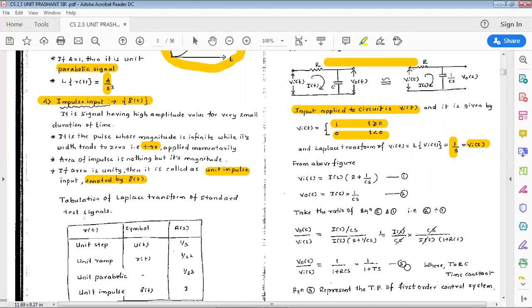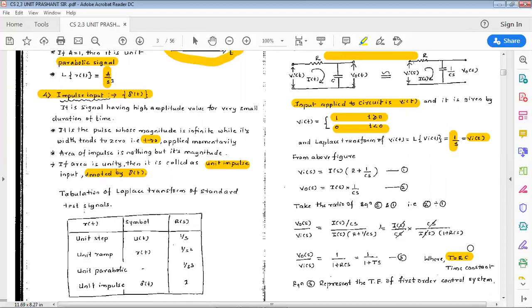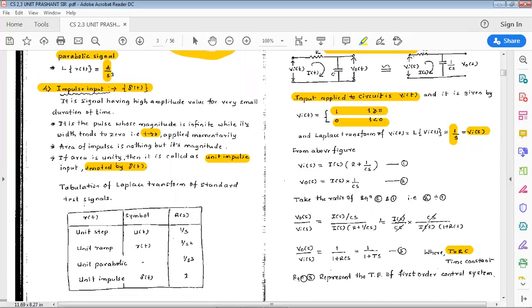Call this equation number 3, where T equal to RC is called the time constant. Equation 3 represents the transfer function of a first order system, wherein RC can be replaced by T, where T is the time constant.